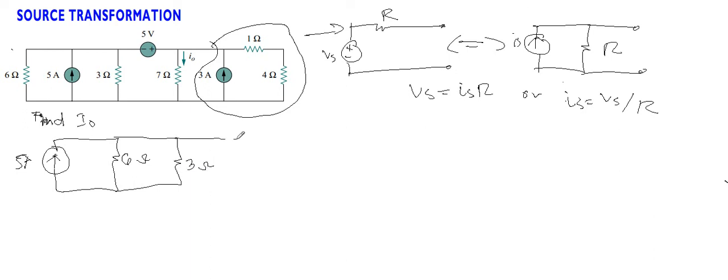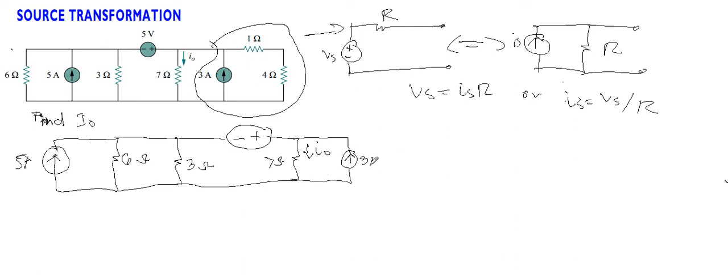Times we have 7 ohms, and also we have 3 ampere, and also we have 1 ohm at saka 4 ohms.